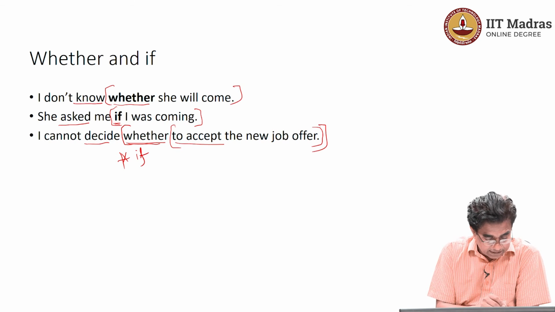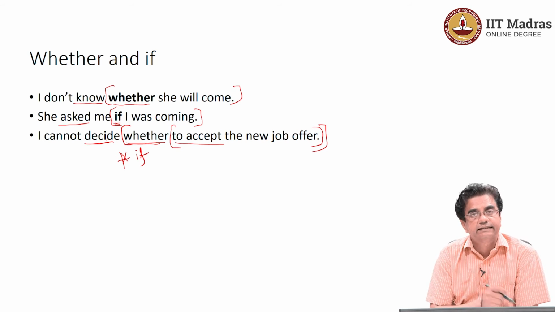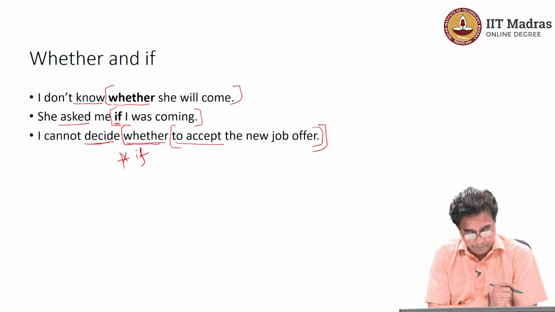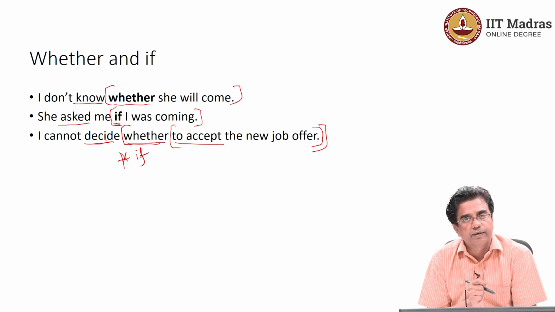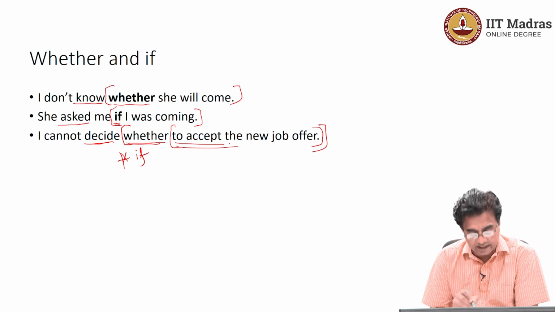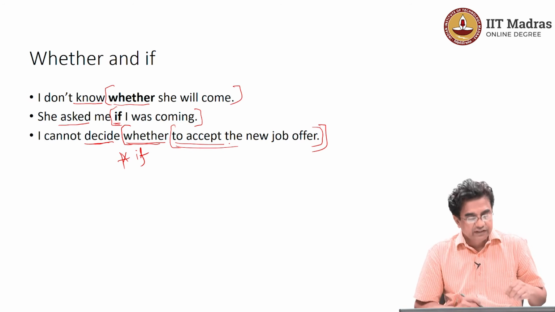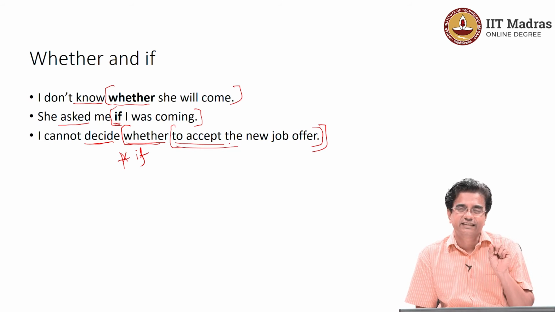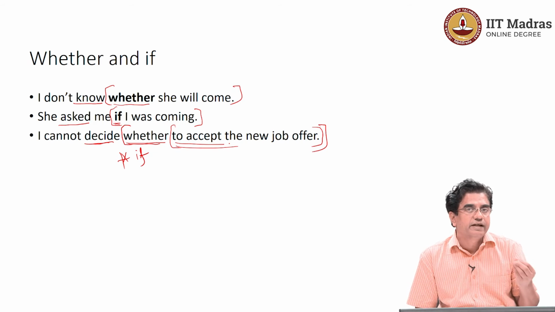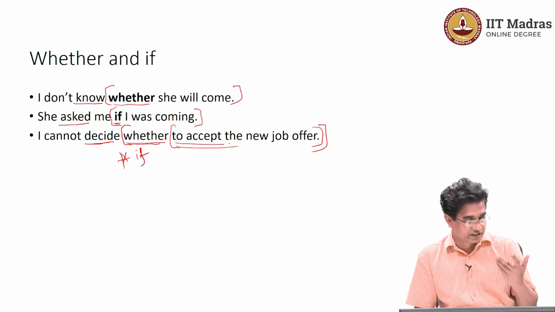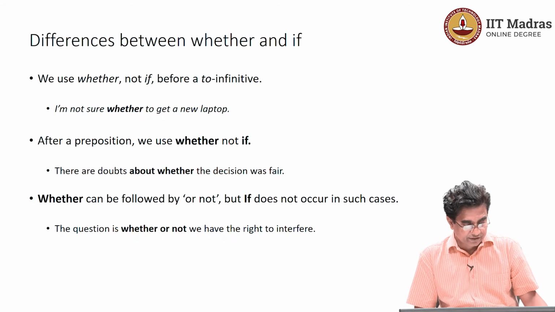That is, decide as a verb can take an if complement, but if does not function as a complementizer to an infinitival clause. So these are the little intricate details about the embedded clause that we need to know just to elevate our understanding of complement clauses at a different position.